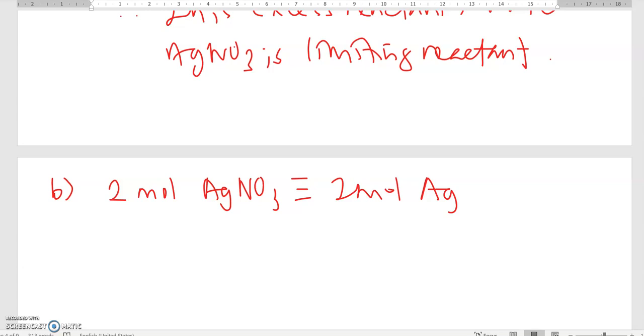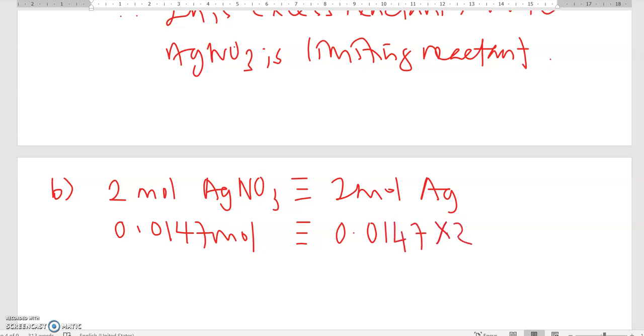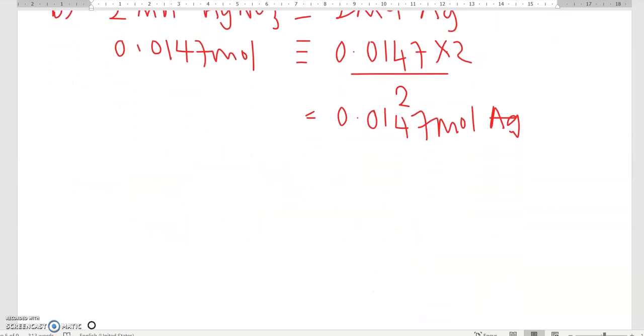By using available mole of silver nitrate, 0.0147 mole, we can find mole of silver: 0.0147 times 2 over 2. So therefore we find the same answer, 0.0147 mole of silver. So the target question is mass. So you just make a relationship between mass and mole.